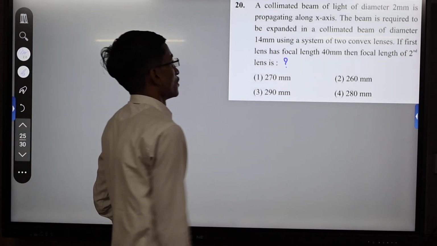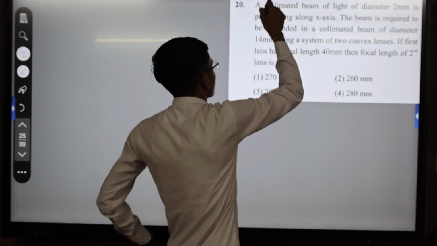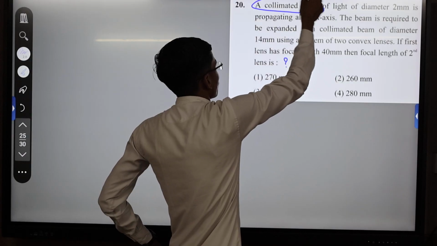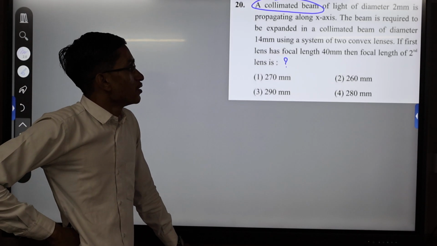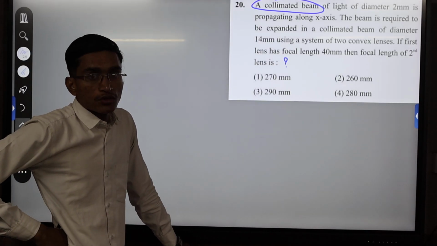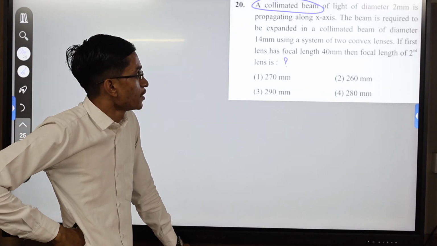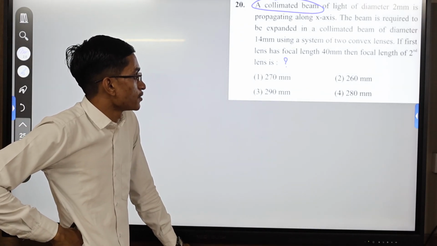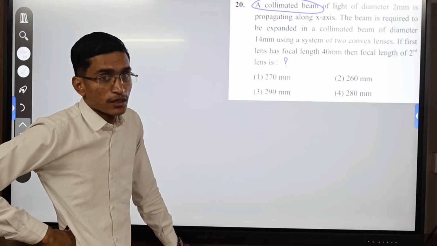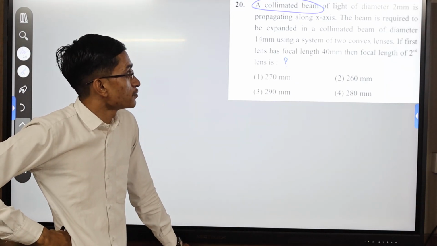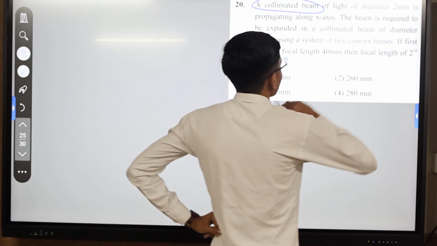Here the word is collimated beam of light. I think this word is new for most students. There is no mention of this word in NCERT, but we can simplify this question.